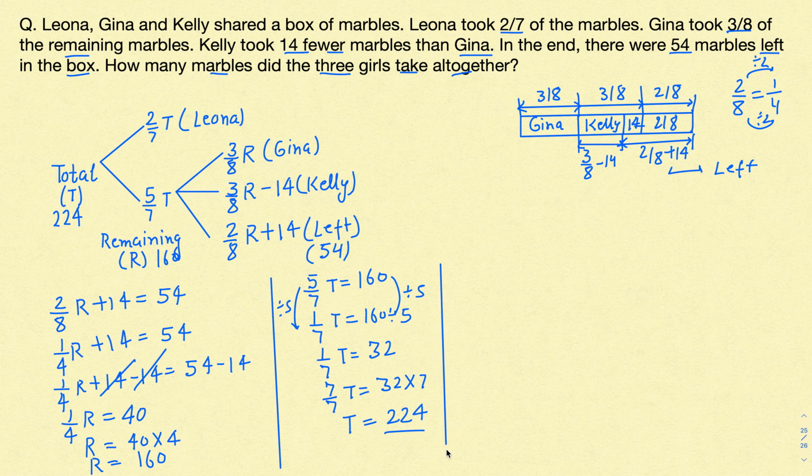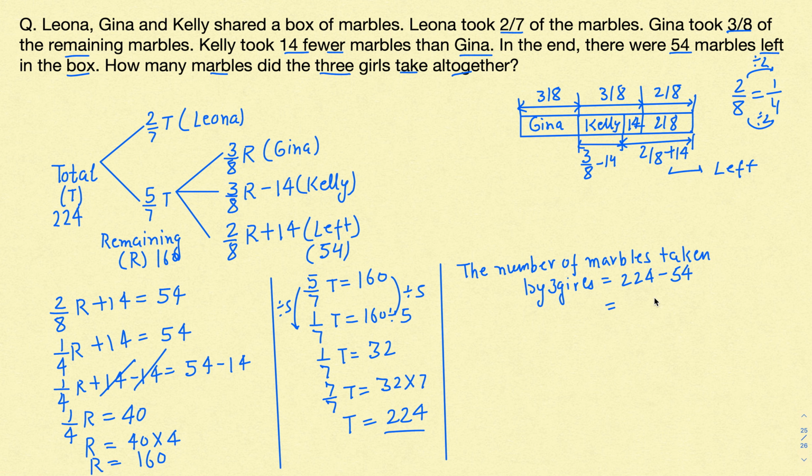So let's do that. The number of marbles taken by the three girls will be 224 minus the left number of marbles, which is 54.